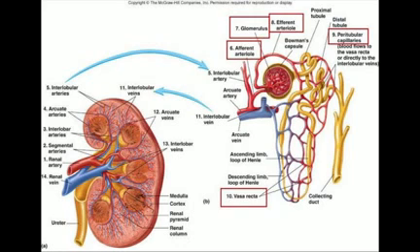Look at the diagram, you will find Henle's loops there. Ascending limb, descending limbs, all these are labeled in the diagram. Now the next part of the renal tubule is the U-shaped loop of Henle.